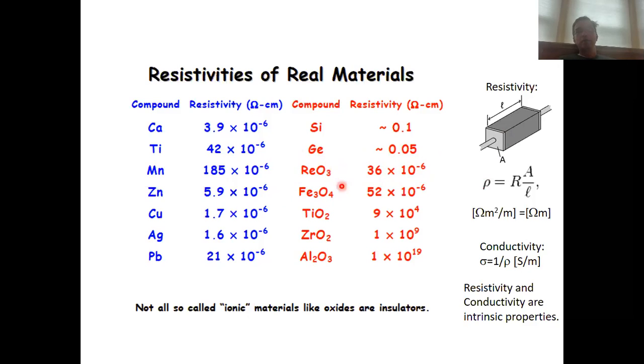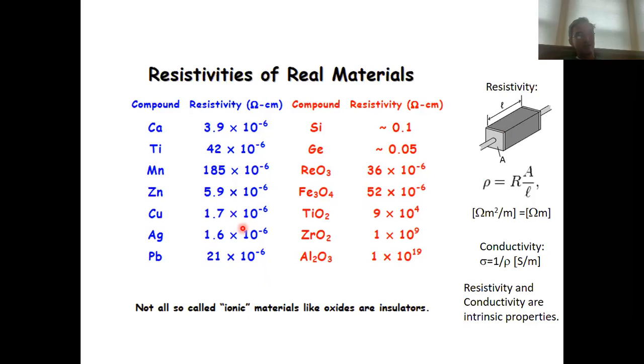So magnetite, Fe3O4, has actually slightly higher resistivity and a little bit lower conductivity. It's 52 times 10 to the minus 6, but you see that's the same ballpark region as the resistivity for all these metals here.